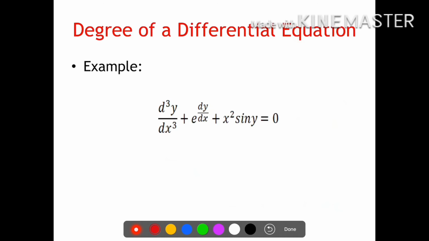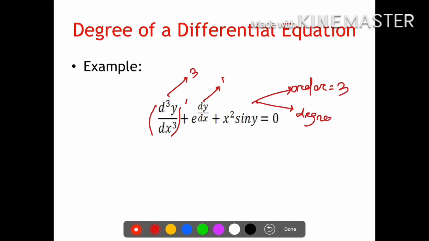Now consider one more example: d^3y/dx^3 + e^(dy/dx) + x^2 sin y = 0. Here in the first term y is differentiated 3 times. Here in the second term y is differentiated 1 time. Hence the order of the differential equation is 3. This term gives the order. Its power is 1, so the degree should be 1. But the degree is not equal to 1 here.